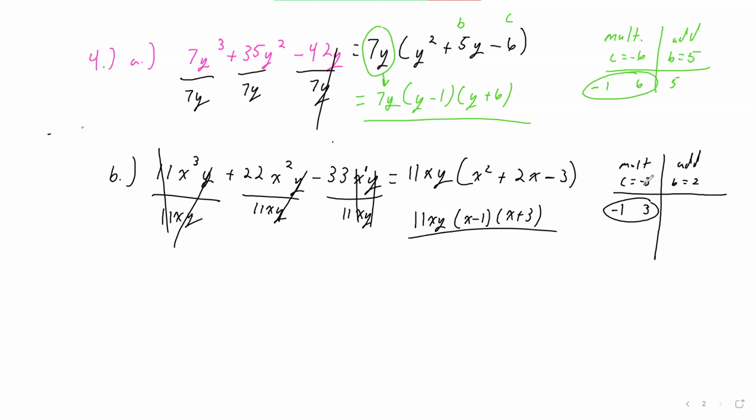I wanted to multiply to a negative, which tells me that one of them has to be negative, but since I'm adding to a positive, that tells me the smaller number has to be negative. So if I'm multiplying to a negative, one of them has to be negative. Since I'm adding to a positive, the smaller number will be negative.